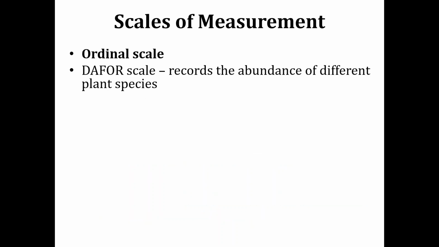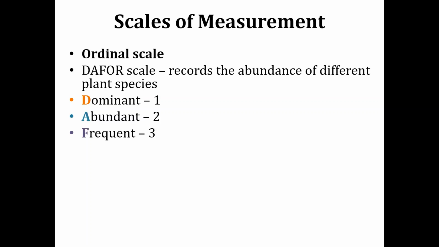Now we take the example of a famous ordinal scale, which is the DAFOR scale, and it records the abundance of different species. Like dominant may be represented by number 1, abundant by number 2, frequent by number 3, occasional by number 4, and rare by number 5.